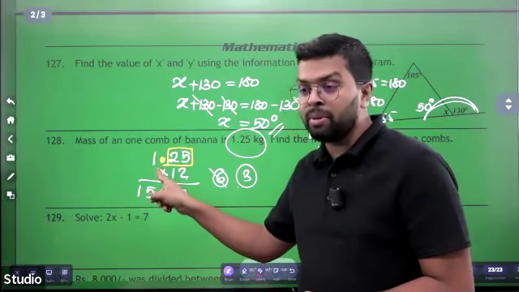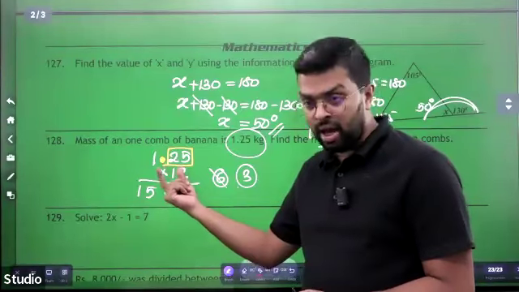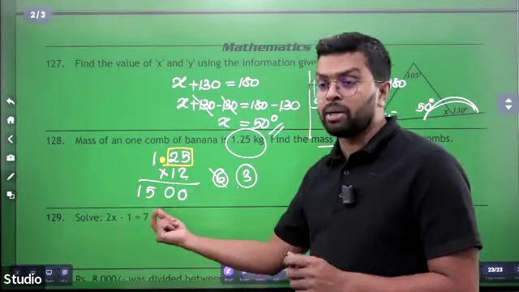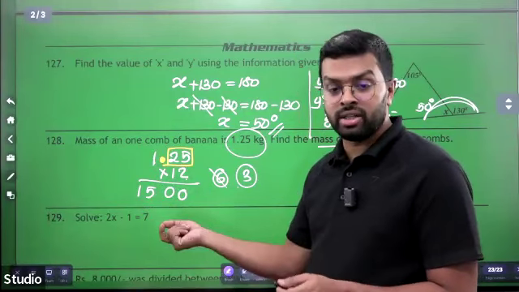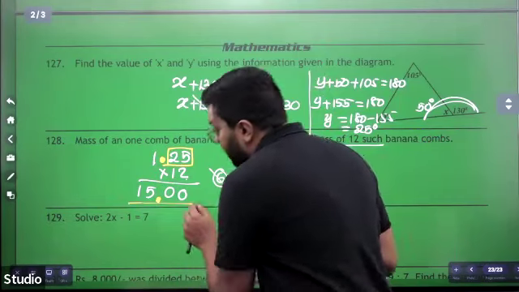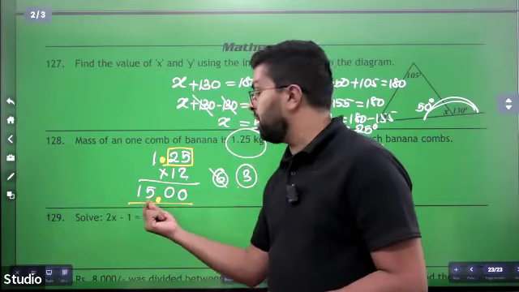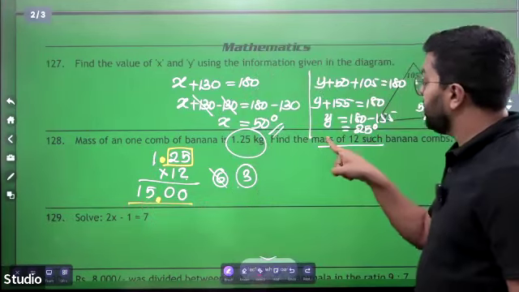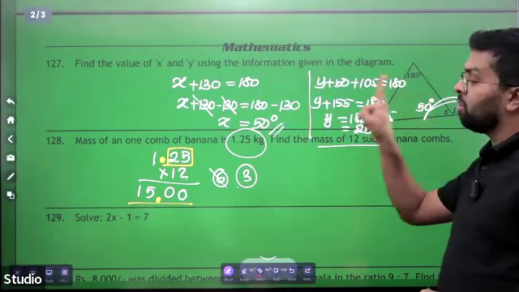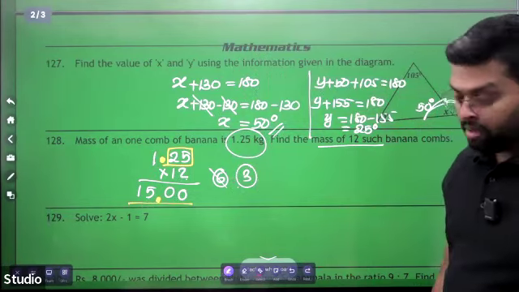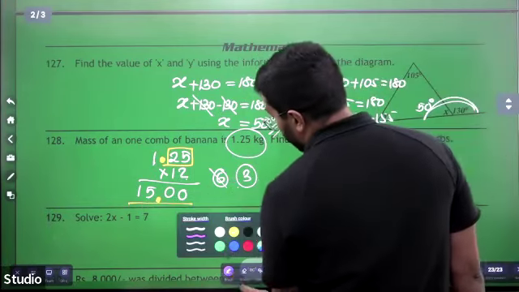If you put this decimal point in between 5 and 0, so what is the answer? The mass of 12 such banana cones will be 15 kilograms. Clear? Right, very good.